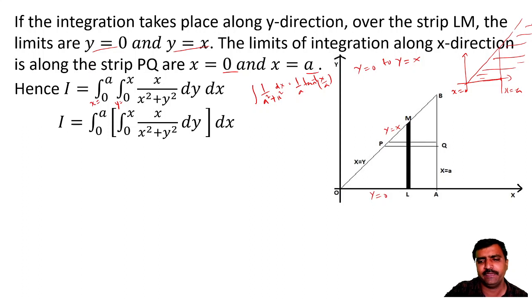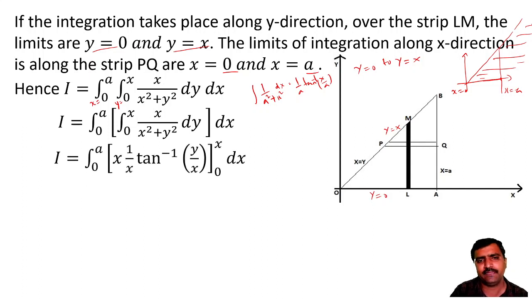You take that x which is in the numerator outside the integration, and use the formula for 1 by x square plus a square. Then it gives 1 by x into tan inverse of y by x, and its limit is from 0 to x.